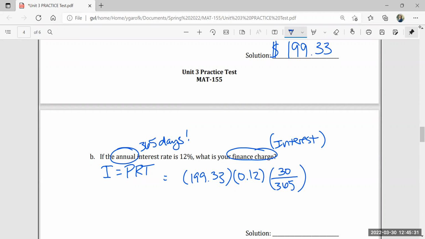If we multiply all of this out, we are going to get $1.97 roughly. So for that month, we're not paying a ton in interest. We're paying $1.97.